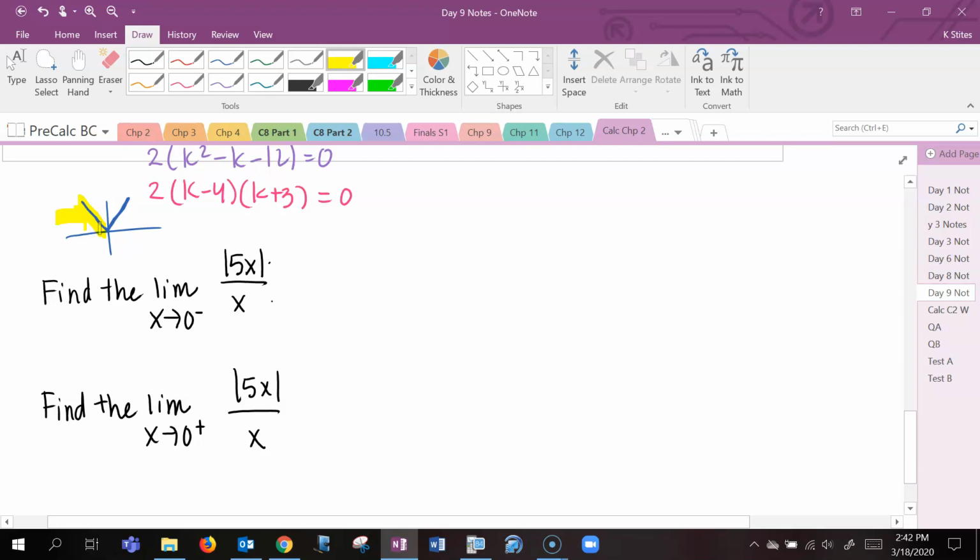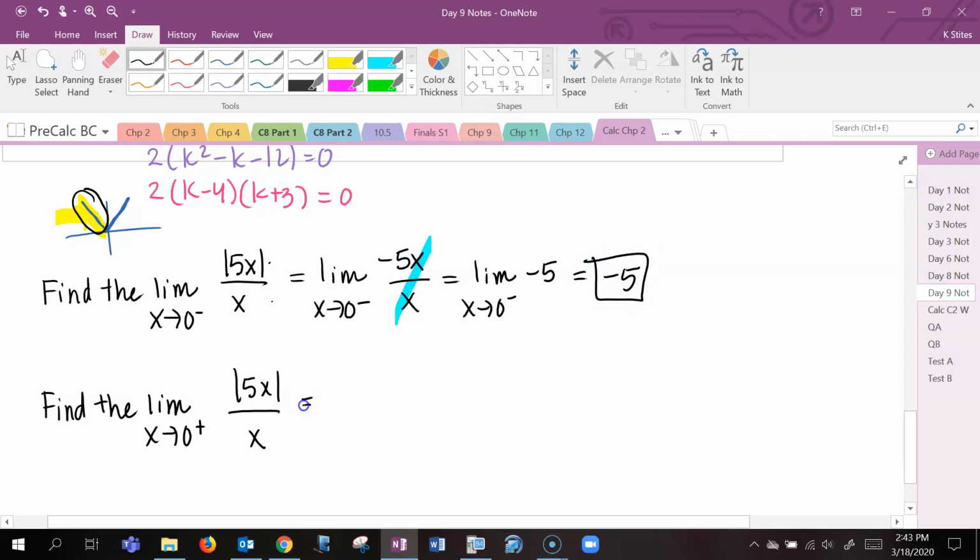So essentially, we are looking for not absolute value of 5x, we're looking for just negative 5x, because if we're approaching 0 from the left, it's really just this line. Y equals negative 5x over x. But now this is something you can do, right? Because those x's are going to cancel. And you just have the limit as x approaches 0 of negative 5, which is just negative 5.